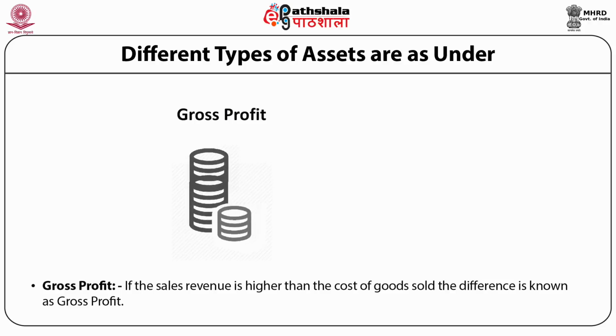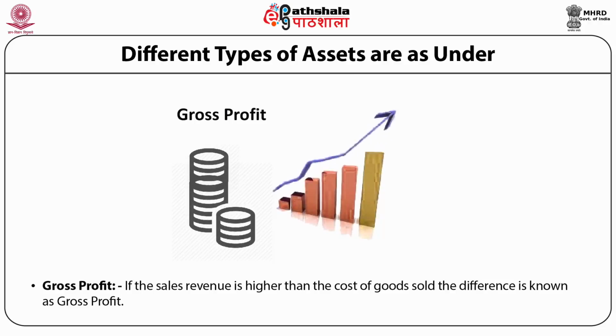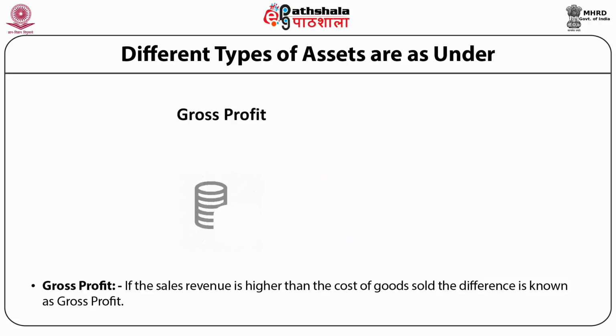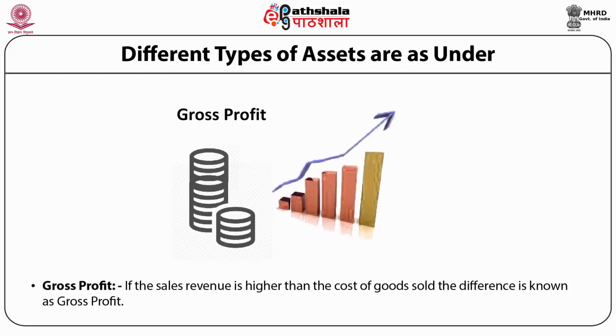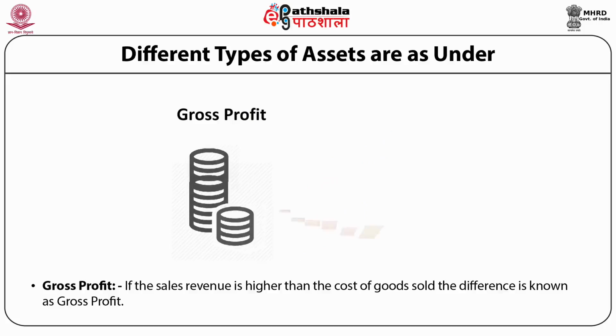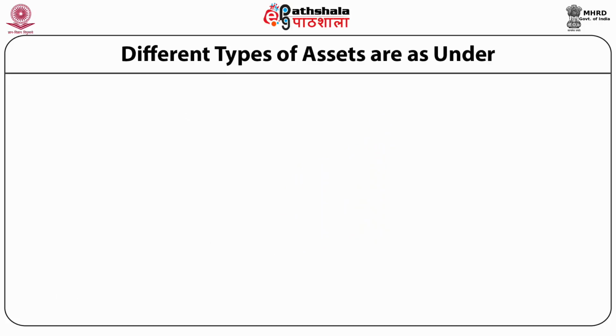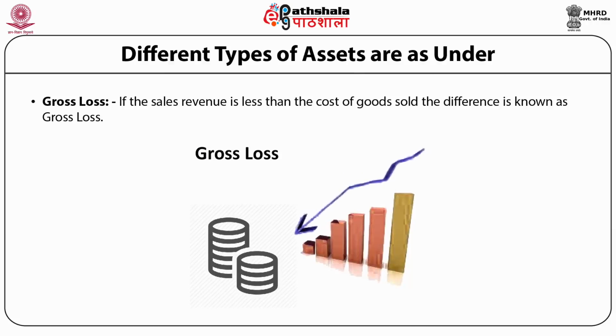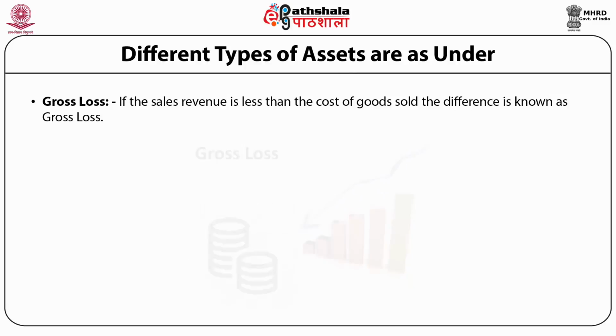Gross profit. If the sales revenue is higher than the cost of goods sold, the difference is known as gross profit. Gross loss. If the sales revenue is less than the cost of goods sold, the difference is known as gross loss. Invoice.